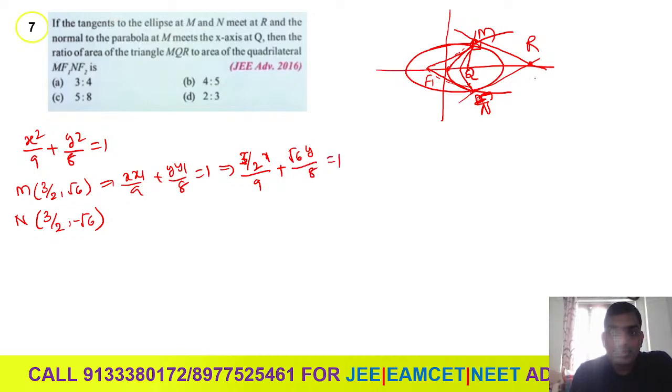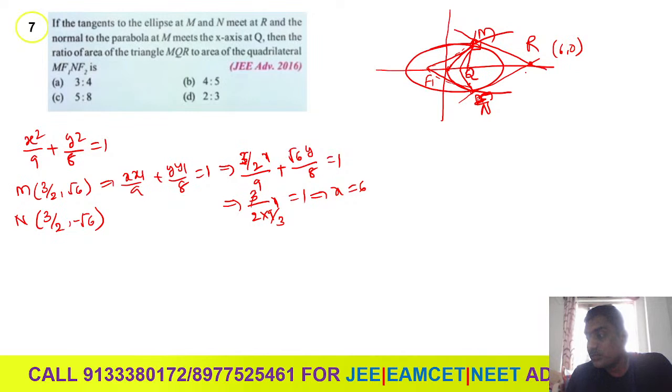Here the point of intersection is on the x-axis, so y value is 0. Then we have 3 by 2 into x by 9 is equal to 1. Then we are getting x is equal to 6. So R point is 6 comma 0. We got the coordinates of R.